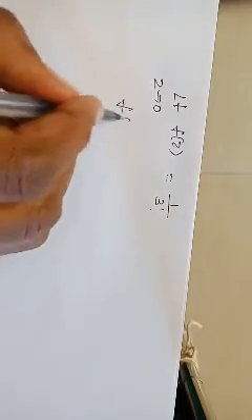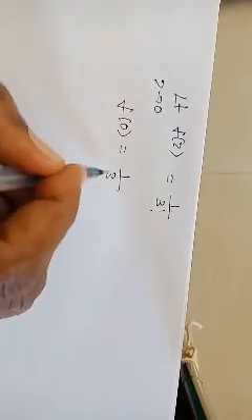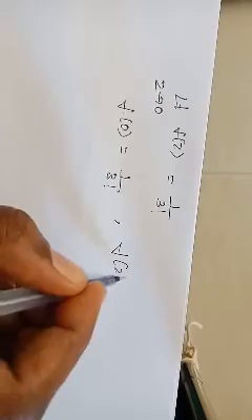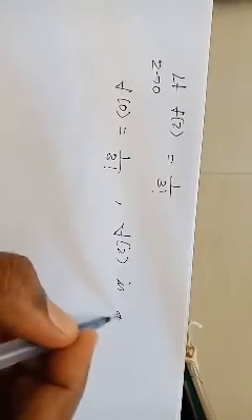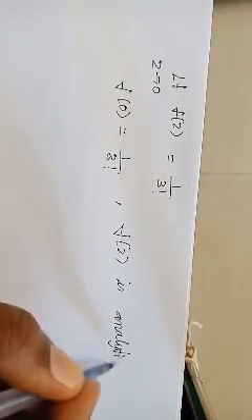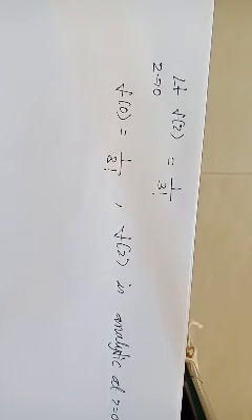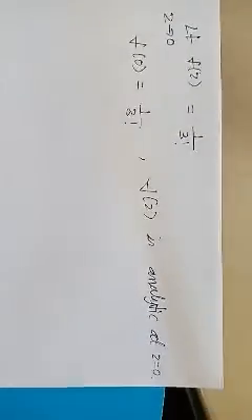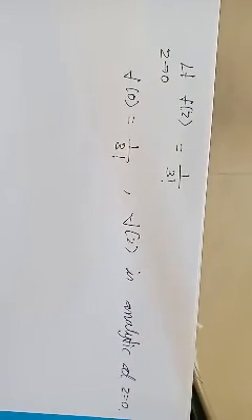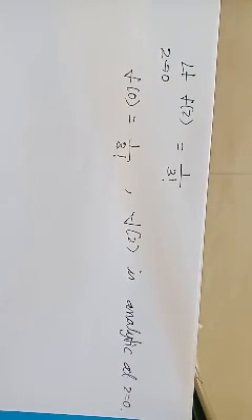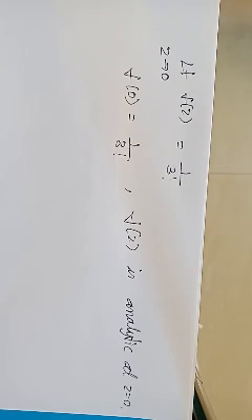I will be left with 1 by 3 factorial. So, by defining f of 0 to be 1 by 3 factorial, my f of z becomes analytic at z equal to 0. Now, we have seen what is a removable singularity and its example.